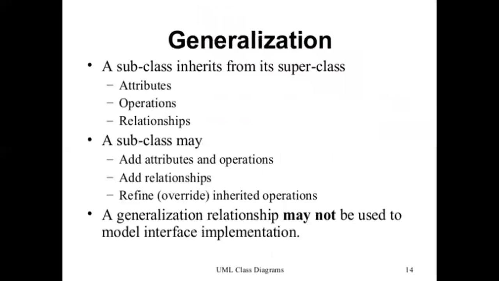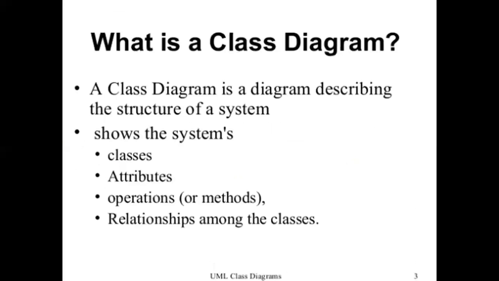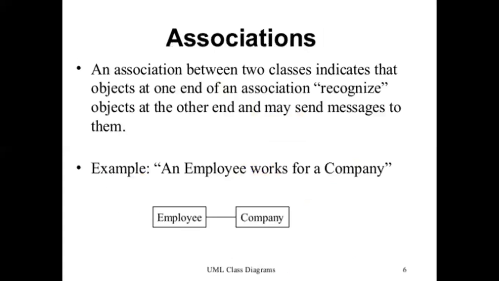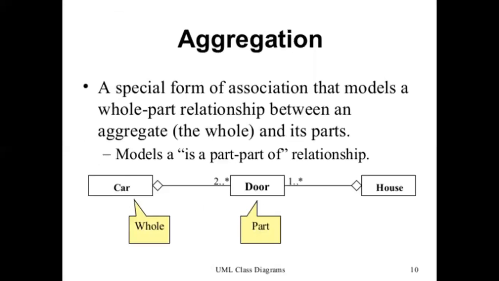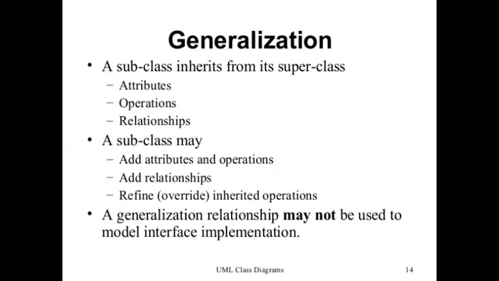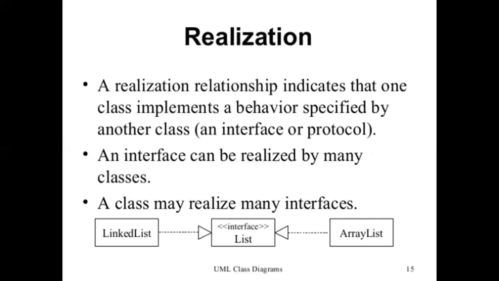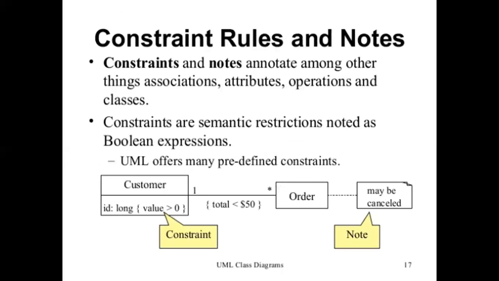So to design any system, first you mention attributes, operations, and relationships. There are different types of relationships: association, aggregation, composition, generalization, realization, and dependency.